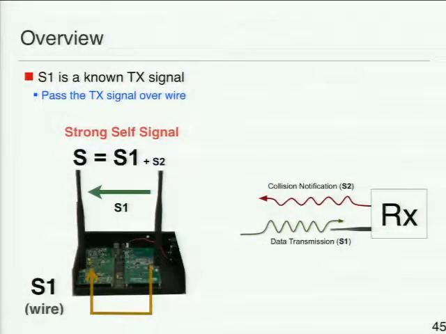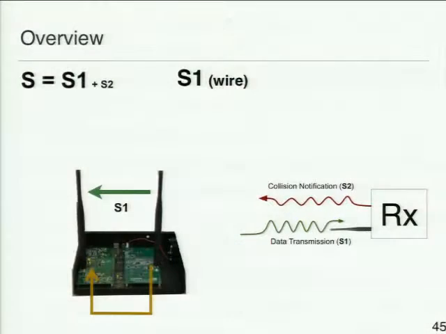And the idea we had is that S1 need not be an unknown signal. We can very well send S1 from the transmit antenna over to the listen antenna over wire, and if we can do that, if S1 can become known, it is possible for us to suppress S1. Now in this setting, let's think about what we have at the listen antenna.